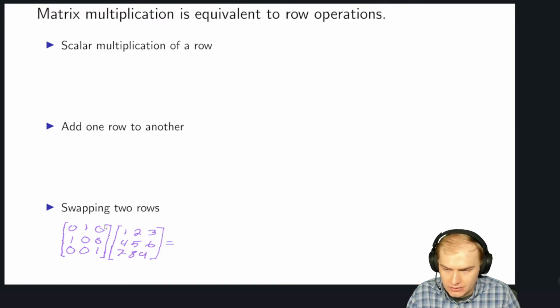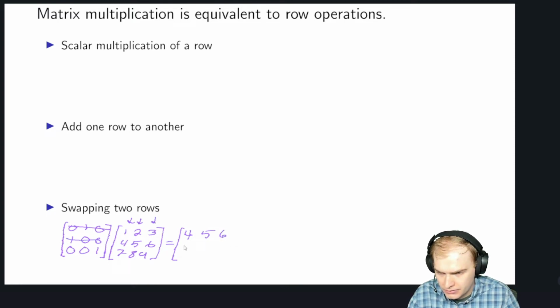We take that row times that column, which gives us 4, 5, and then 6.